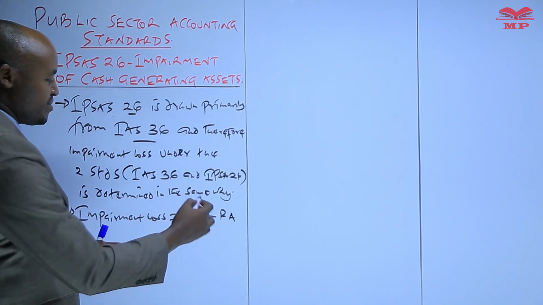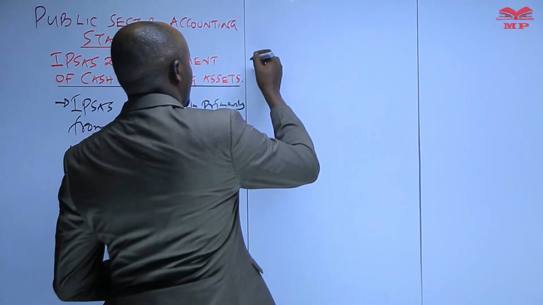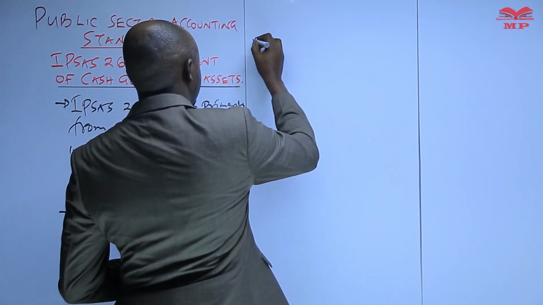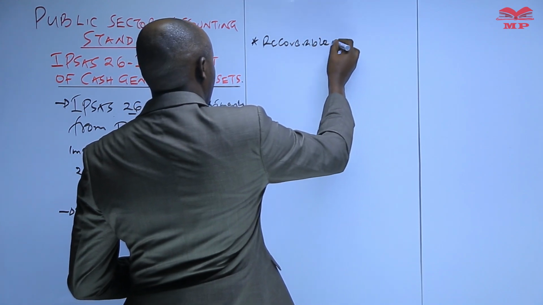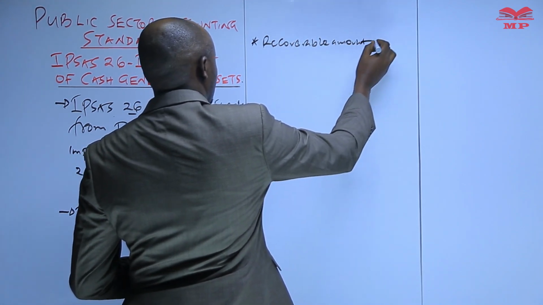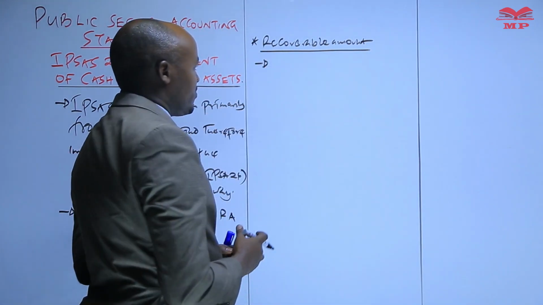We take the cost minus the accumulated depreciation. But what about the recoverable amount? The recoverable amount is defined as the higher of two values.